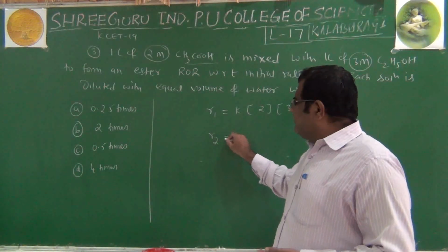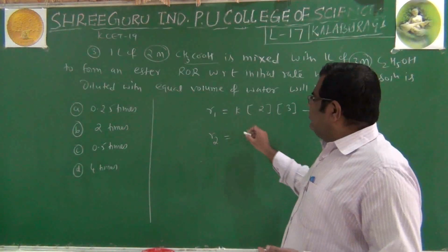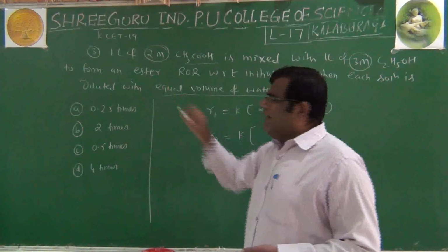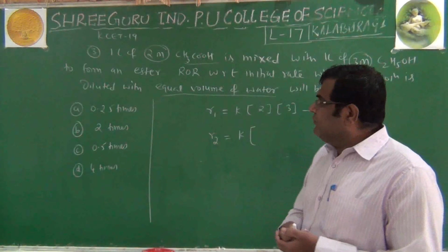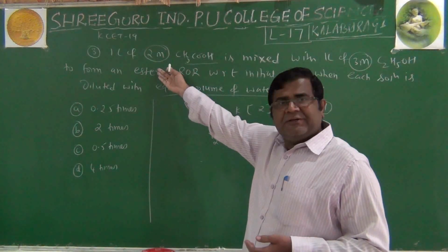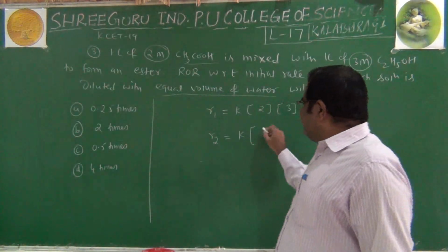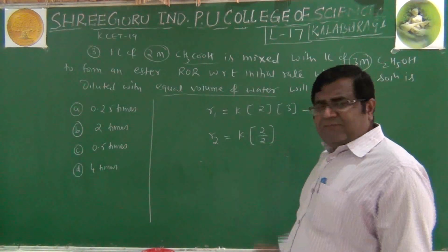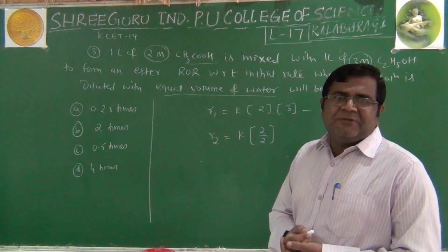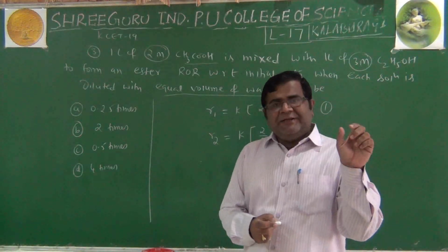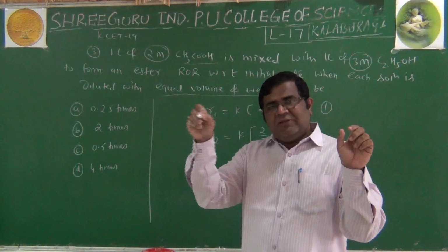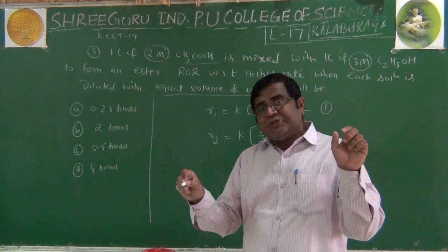Now the new rate. We have to note what they have done. An equal volume of water has been added to both solutions, so they will be diluted. 1 liter becomes 2 liter. So this 2 mole per liter becomes half, because we have diluted it 2 times. If you look at molarity, the number of moles remains the same, times 1000 divided by the volume of solution.